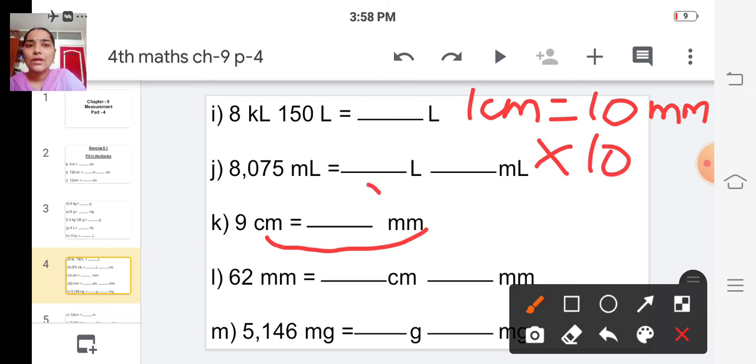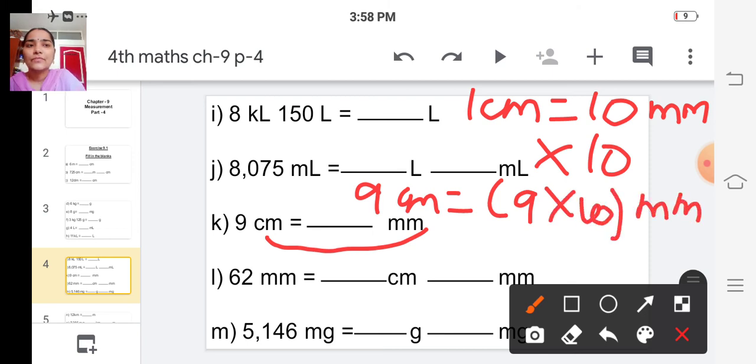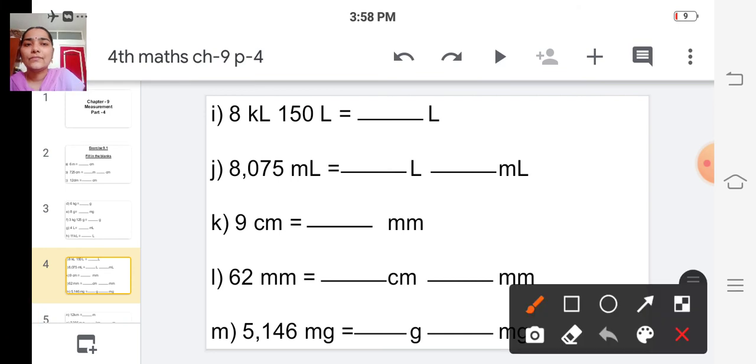So 9 centimeter is equal to 9 into 10 millimeter, which is equal to 90 millimeter. So the answer is 90 millimeter.